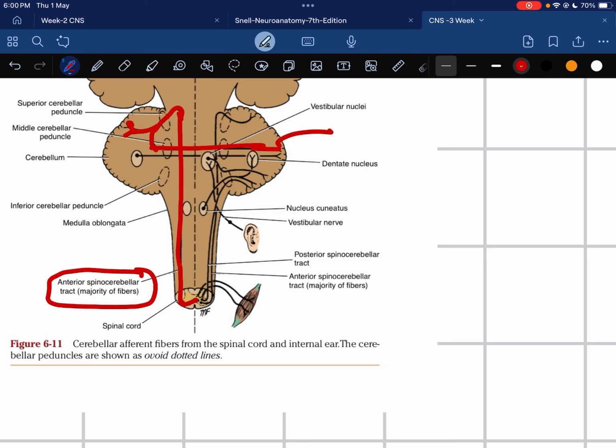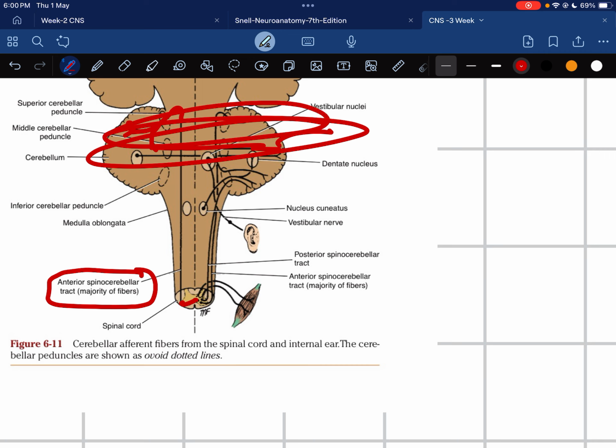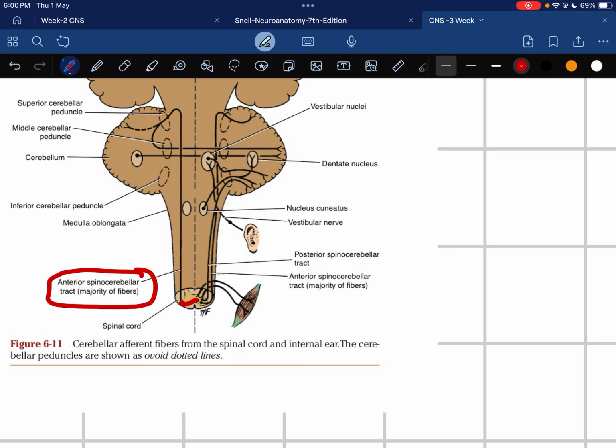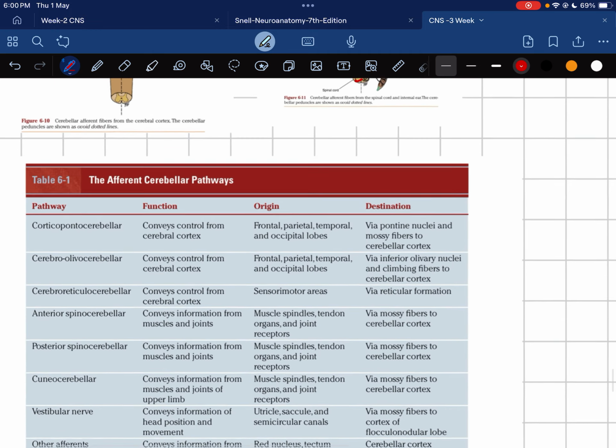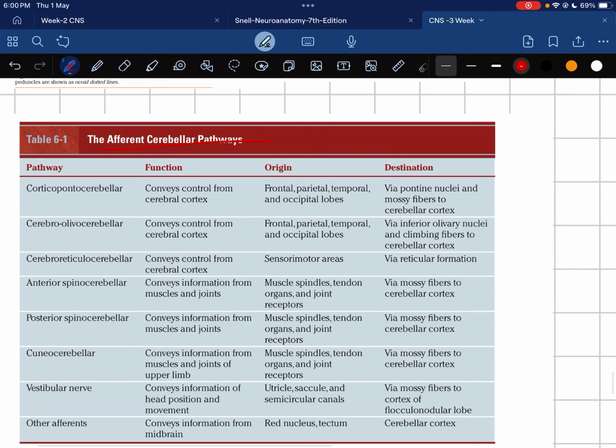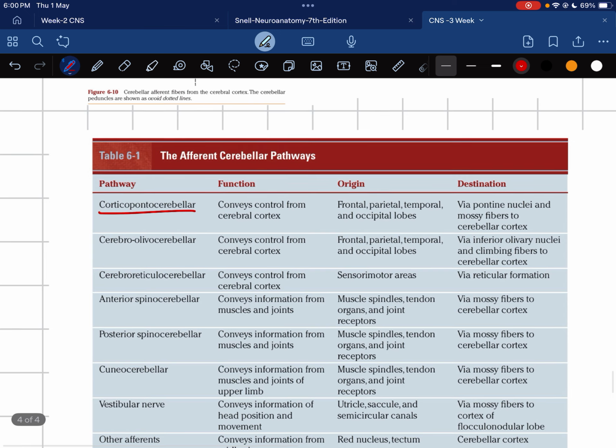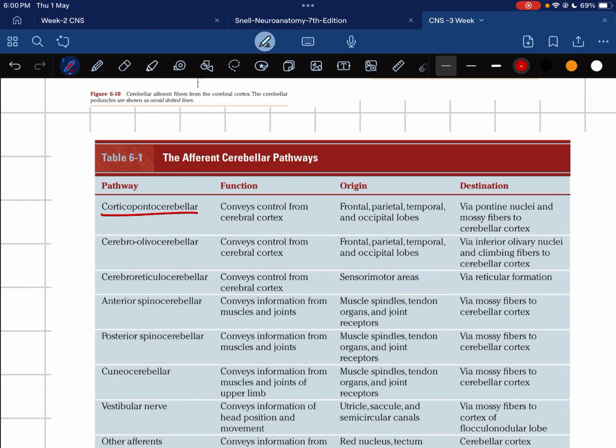So more, from the nucleus cuneatus, it is directly connected with the dentate nucleus. Now moving on to the summary part of this afferent cerebellar pathway. So there is the corticopontocerebellar pathway from the higher center, the cerebrum, to the cerebellum.